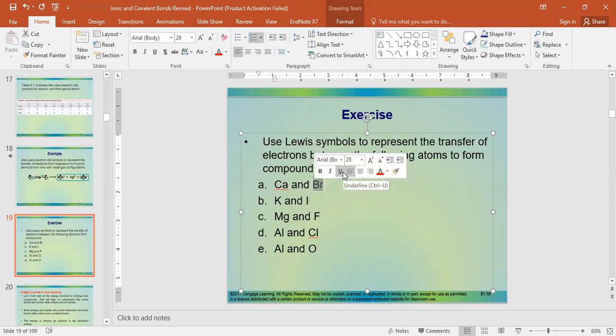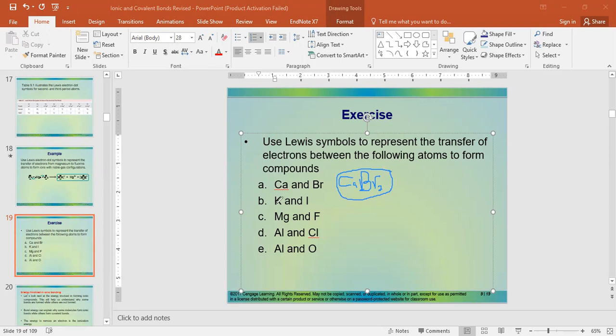And then they are going to exchange electrons such that we are going to have formation of calcium bromide. This one is similar to what actually happened in magnesium fluoride above.